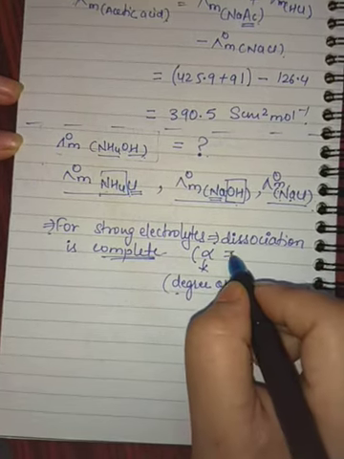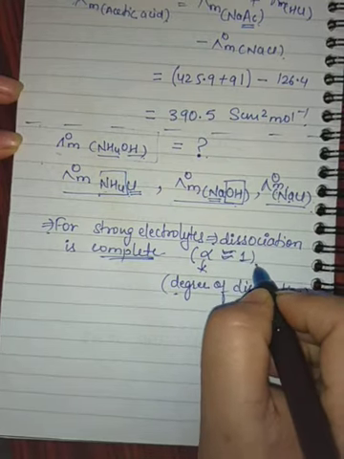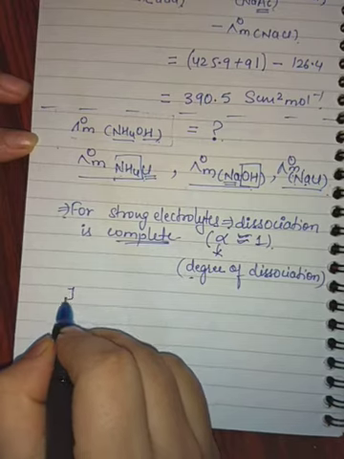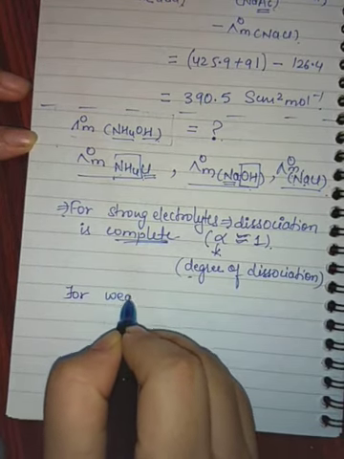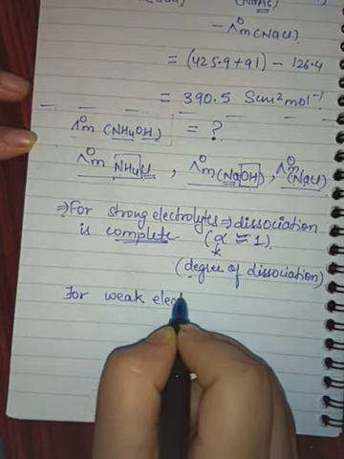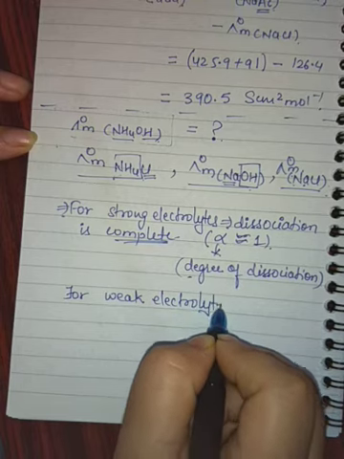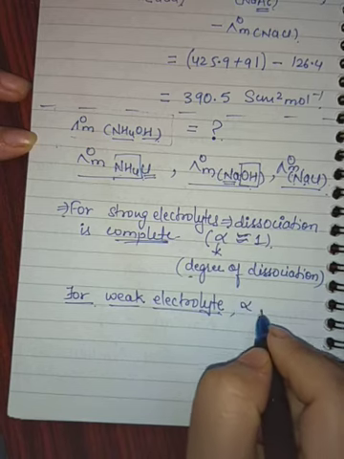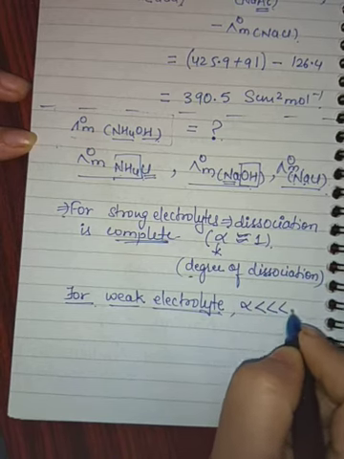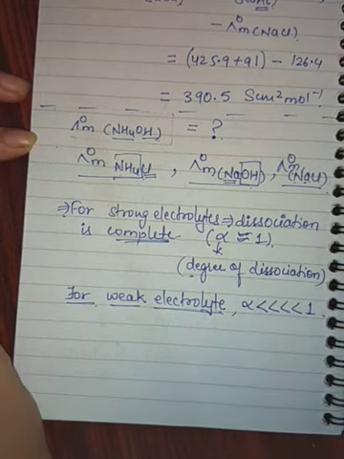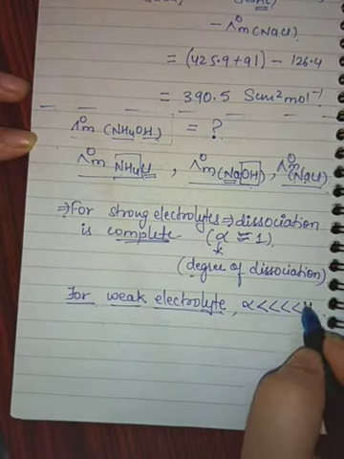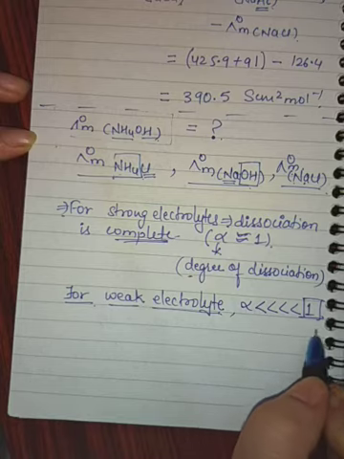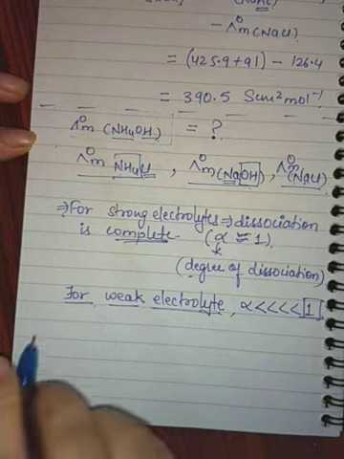So alpha is approximately equal to 1 for strong electrolytes, but for weak electrolyte, alpha is very small. So small that 1 is large compared to it. So the value of alpha is very small for weak electrolyte.